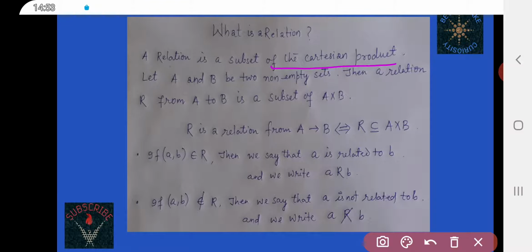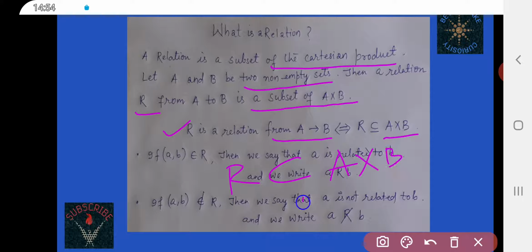Let A and B be two non-empty sets, then a relation R from A to B is a subset of the Cartesian product of set A and set B. So R is a relation from A to B if and only if R is a subset of or equal to A cross B. So R should be a subset of A cross B, or R is equal to A cross B.